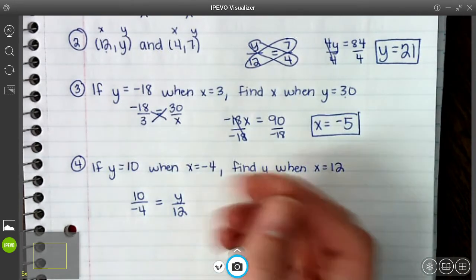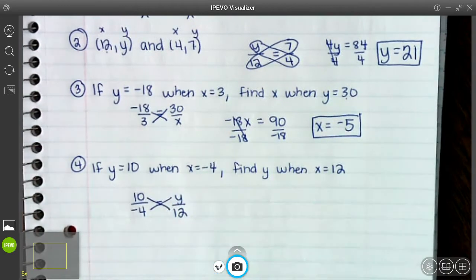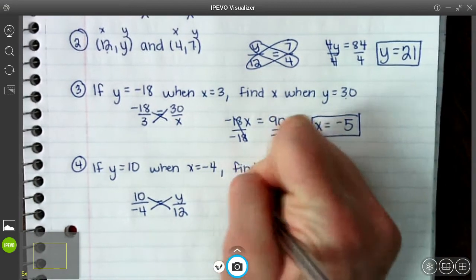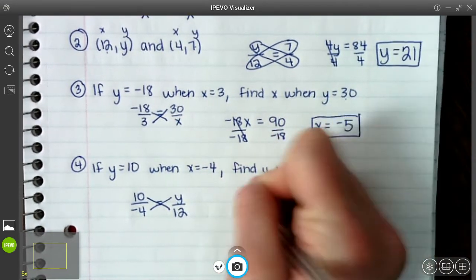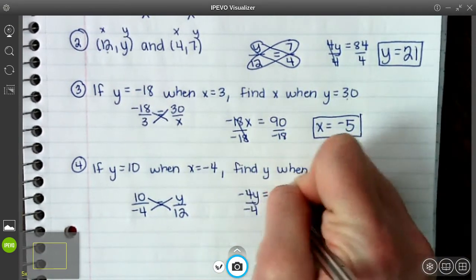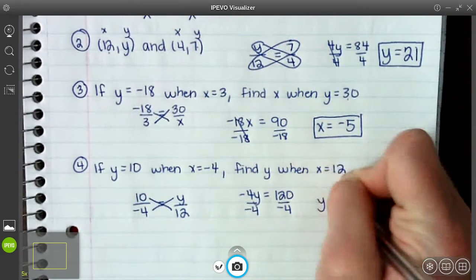All right, now try crisscrossing and solving for y. You get negative 30.